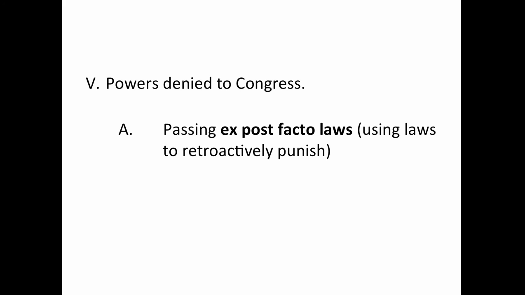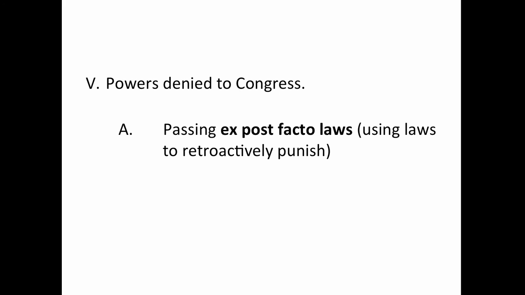An example: let's say Mr. Porchot gets really mad at students using cell phones in his class. So he creates a law in his classroom that says anybody who has used cell phones in the past month, I'm going to take them away. Well, that's an ex post facto law. Technically, you can't do that.